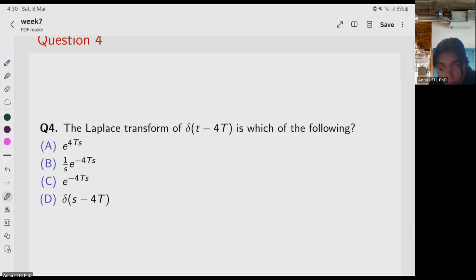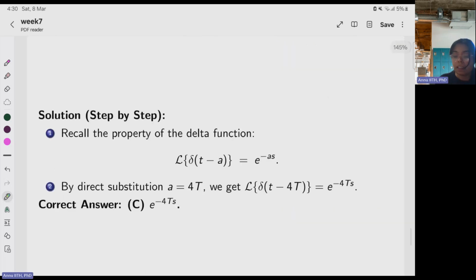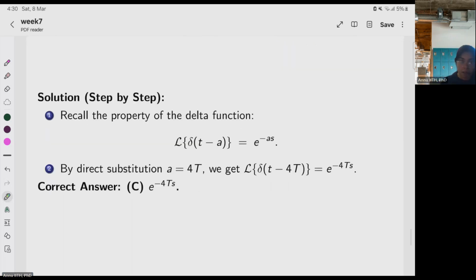So let me solve. Recall the property of the delta function. If we recall the property of the delta function, the Laplace transform of delta(t minus a) is equal to e power minus a s.